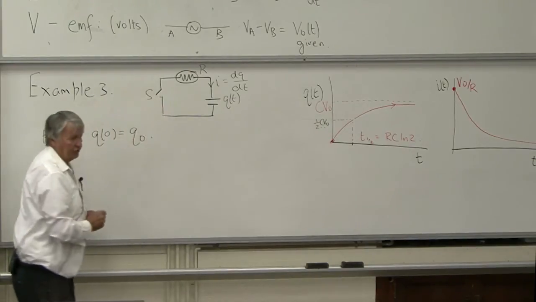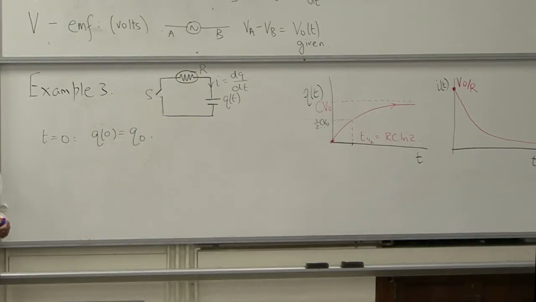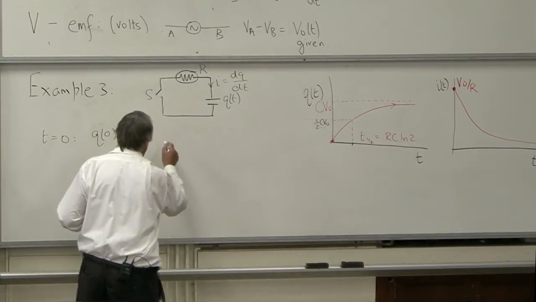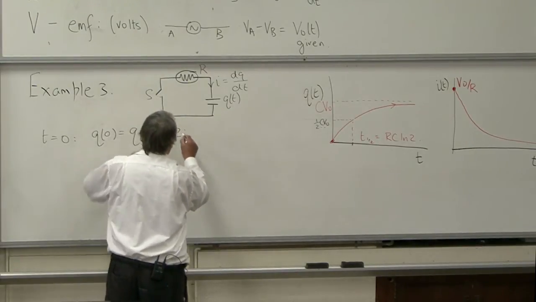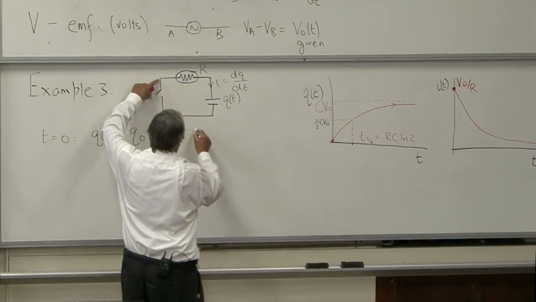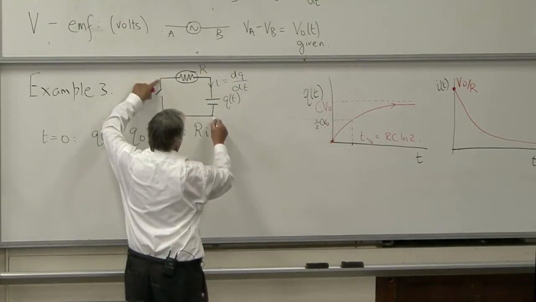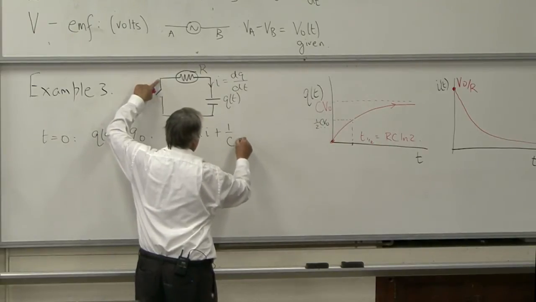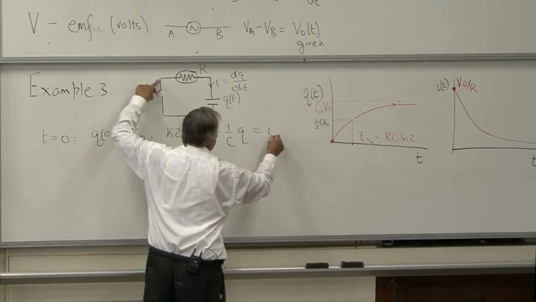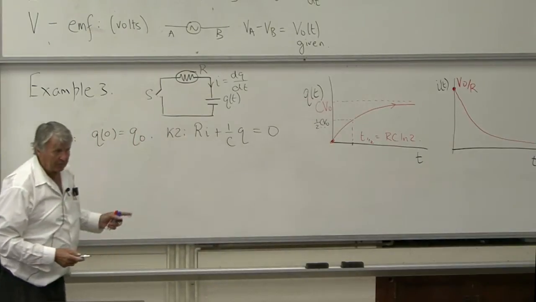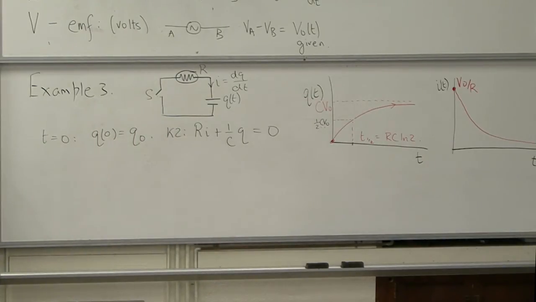I close the switch. Now I have a closed loop. So Kirchhoff 2 will tell me that R times I here plus 1 over C times Q equals 0, because there's no applied EMF this time.